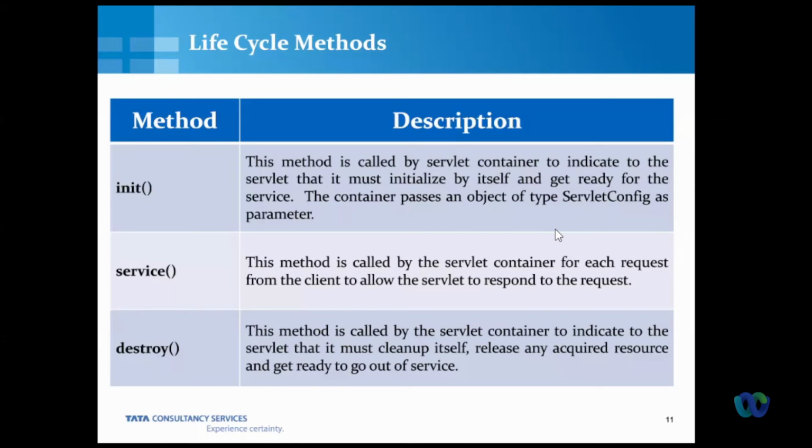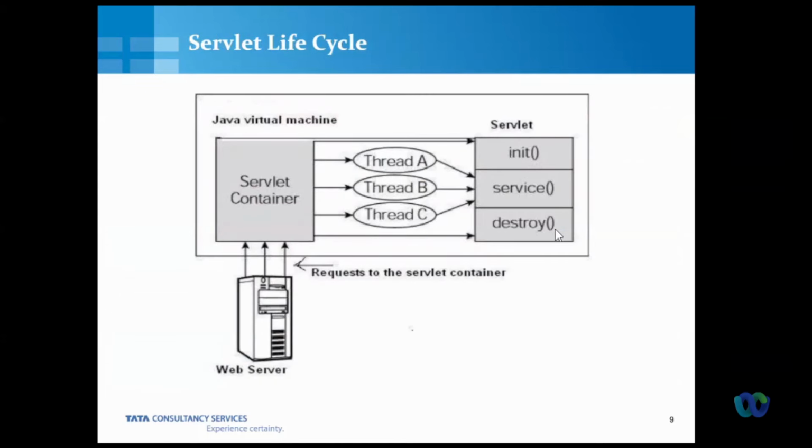If we go back to the previous diagram, you can see that for each request from the web server, how many requests are there? Three, right? 1, 2, and 3. And for all three requests, three separate threads are created. And all three threads are pointing towards which method? The service method, since the init method is already invoked.